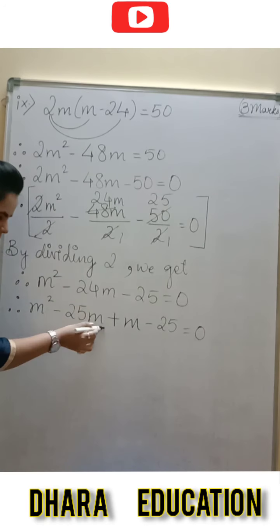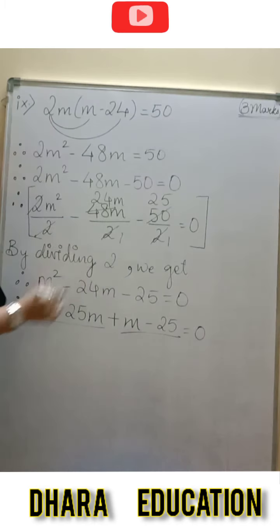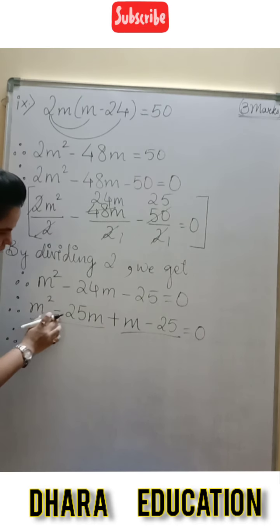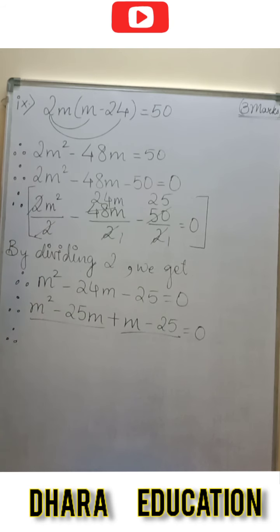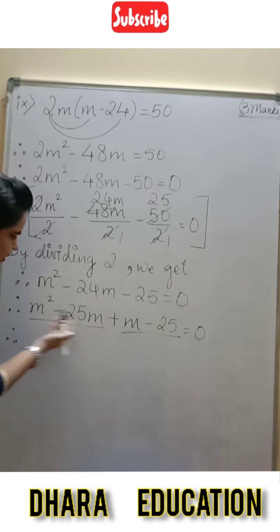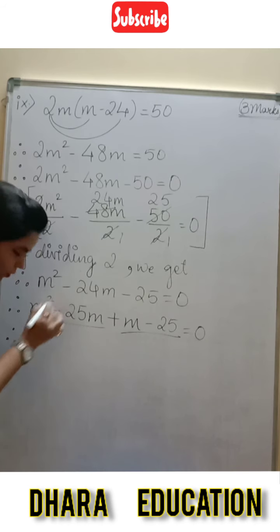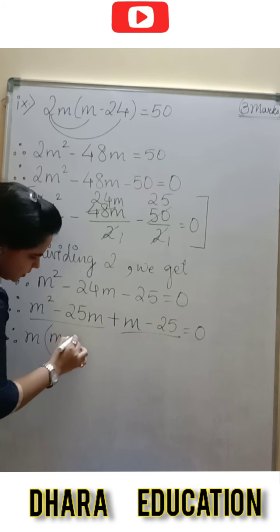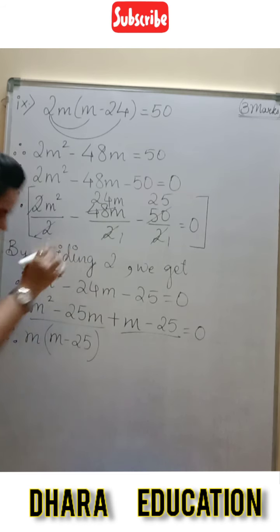By pairing these two pairs, what common are we going to get? m square minus 25m. Now, as I have solved in many videos, the common here is m. Then open the bracket, m minus 25.